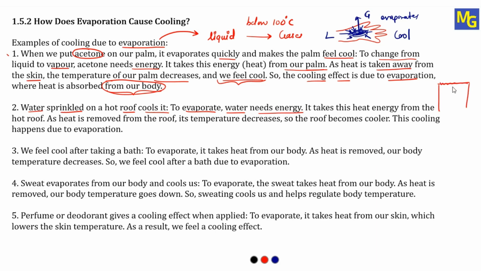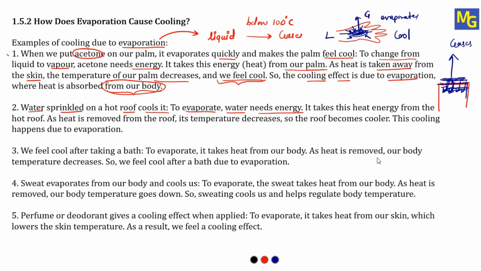If I want to cool it, I have to decrease the temperature of the surface. When you throw water on this surface, the water takes heat from the surface, and by absorbing the heat, it evaporates and forms gas or vapor. When it absorbs heat from this surface, the surface temperature automatically decreases, and the area becomes cool.